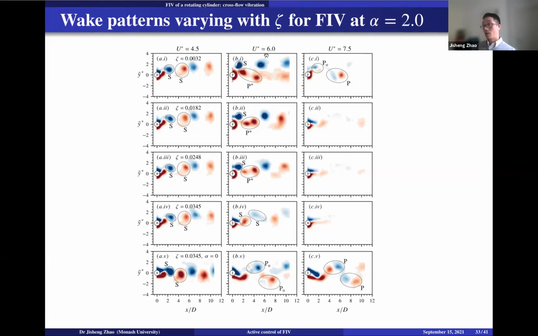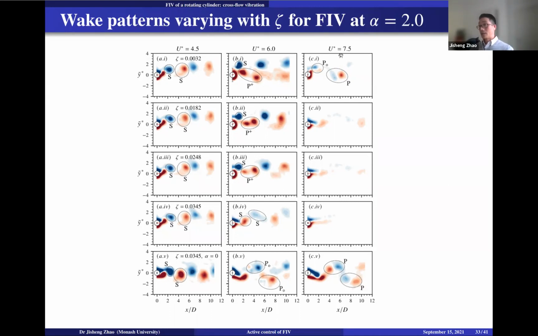For the upper branch, it's very different. We have what I call a P+S mode here. It can exist up to this damping ratio value, but later, when the upper branch disappears, we return to a 2S mode.